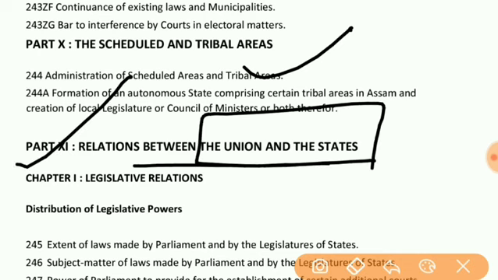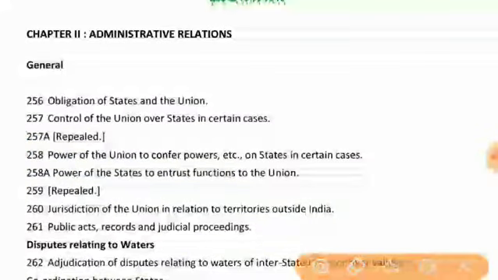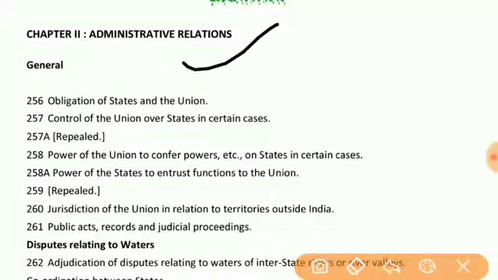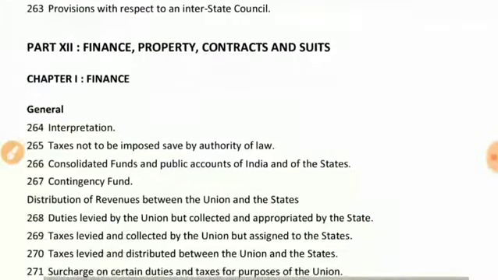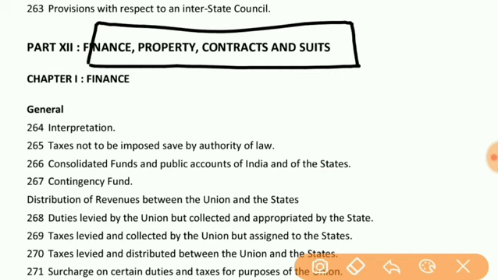In this part we have different chapters, that is, legislative relations between the Union and the States, and Chapter 2, administrative relations between them. Now we have Part 12, which is finance, property, contracts and suits.